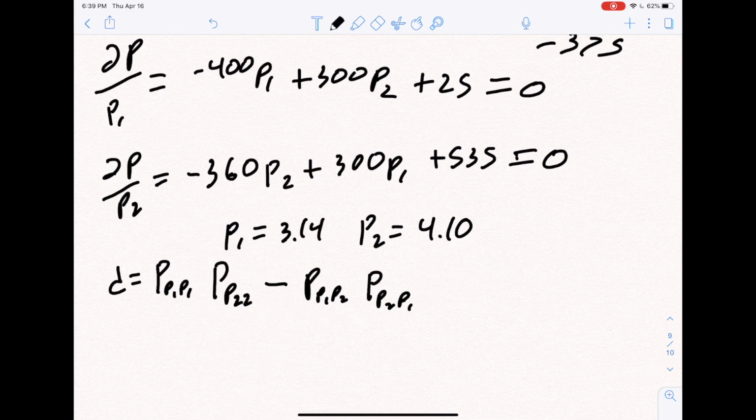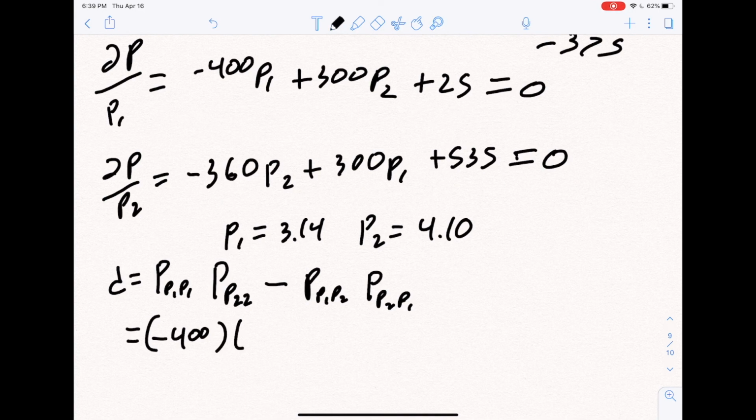This notation looks confusing, so let's not get bogged down in the notation. Let's just do our computation. For P_p1p1, we take the derivative of P_p1 with respect to p1, and we get minus 400. Similarly for P_p2p2, we take the derivative of P_p2 with respect to p2.